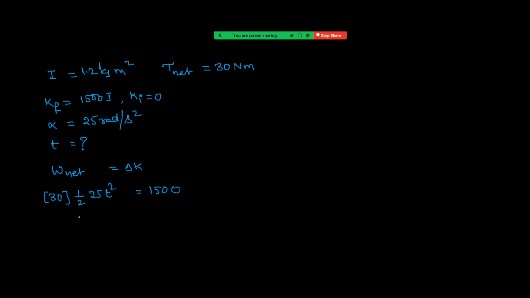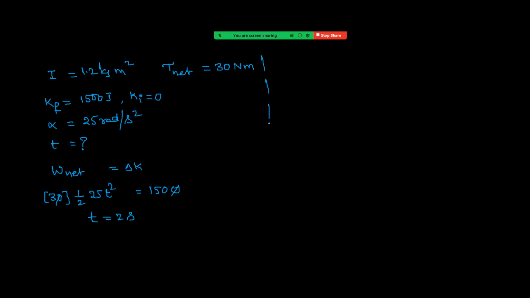Let us now simplify this. Next, I can take 2 here, 300. This is now 3. So remaining 100 by 25, 4. That means t value 2 seconds, right?